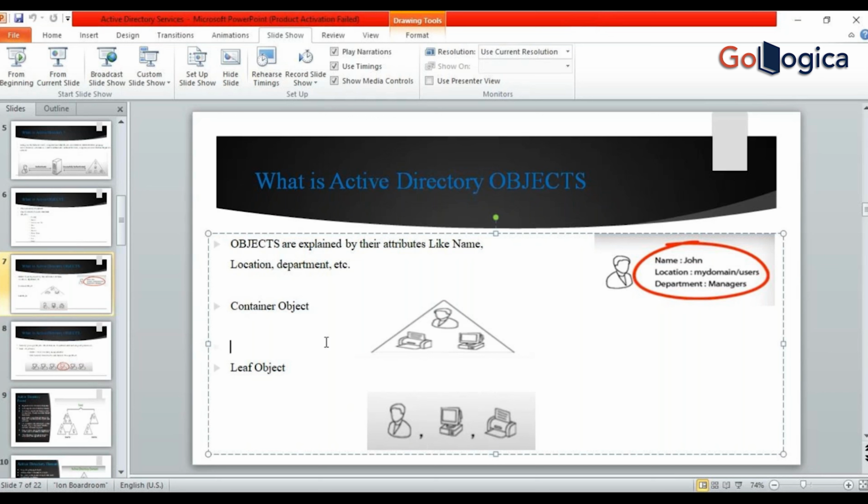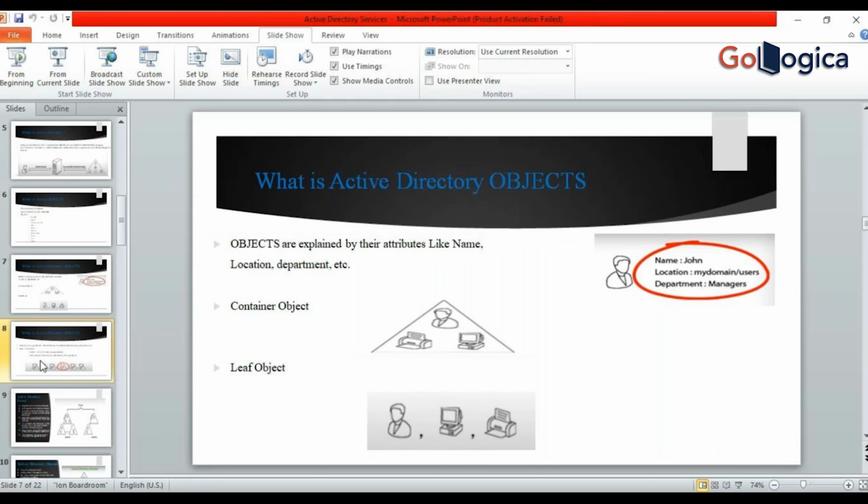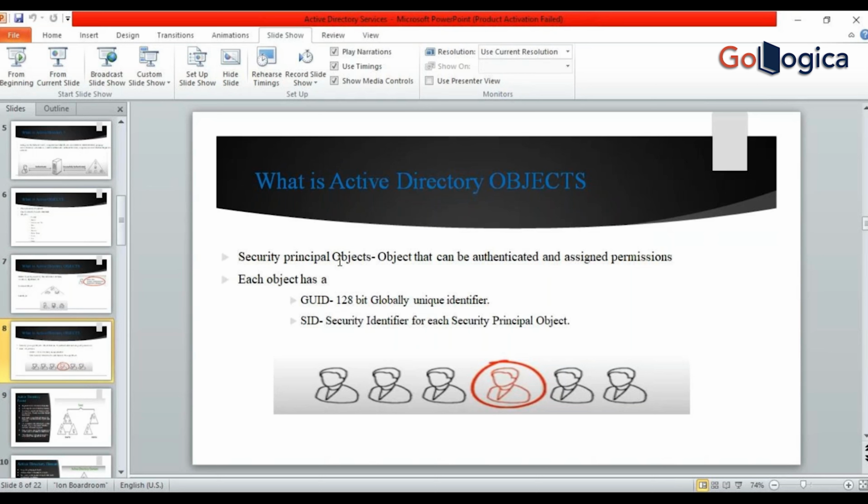So these are some of the terminologies you should understand a little bit, because you are not supposed to become the Active Directory administrator. You are supposed to become the Okta Directory administrator. But we should understand this, so it is easier to understand later on the Okta side. In the object side, these are security principal objects, which have a GUID and SID also.